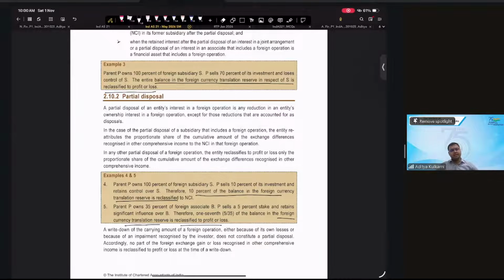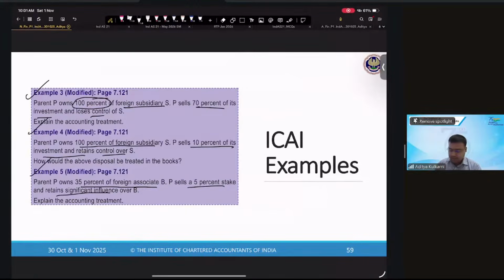Here it won't go to NCI because you are the NCI here. So you will not reclassify to NCI. You will straight away reclassify 1/7. From 35, you became 30. That means 5 upon 35, 1/7 you lost. So that you will take directly to the P&L. So that takes care of these three examples.